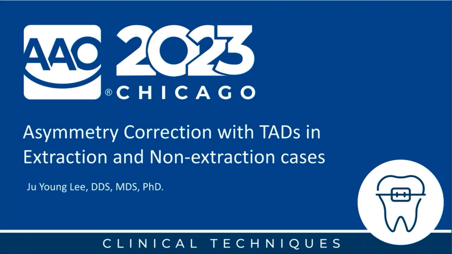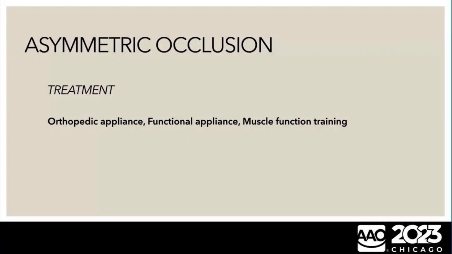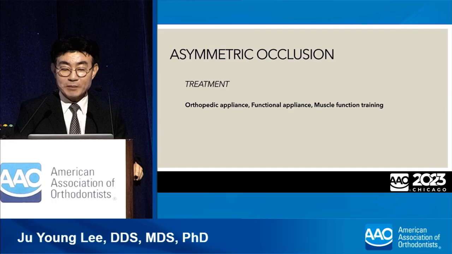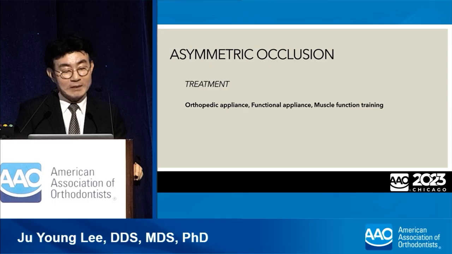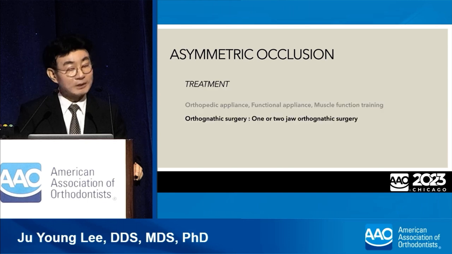Today, I'd like to talk about the treatment of asymmetric malocclusion utilizing TAD. In order to improve asymmetric growth, it may be possible to try an orthopedic or a functional appliance, or even muscle function training before pubertal growth. But the outcome is not always consistent.